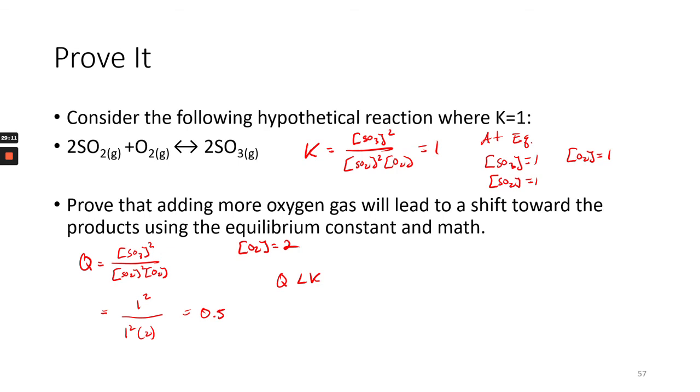When Q is less than K, I do not have enough products. So how do I get more products?